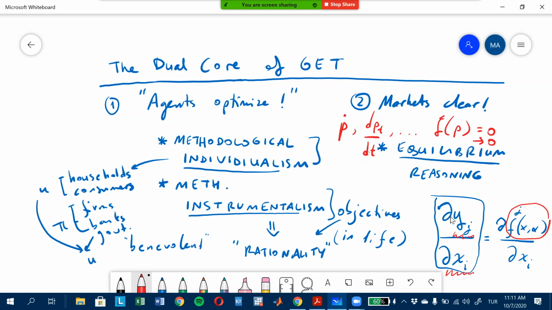So those are the philosophical foundations of general equilibrium theory, which I call the dual core. Any general equilibrium model will have agents. Agents will optimize. And markets are going to clear. All right? Any questions about this?